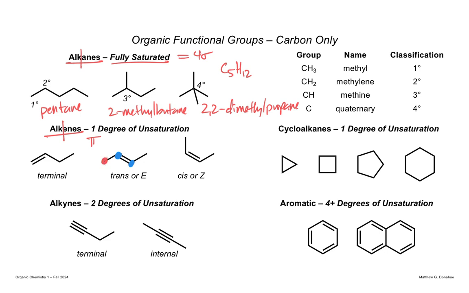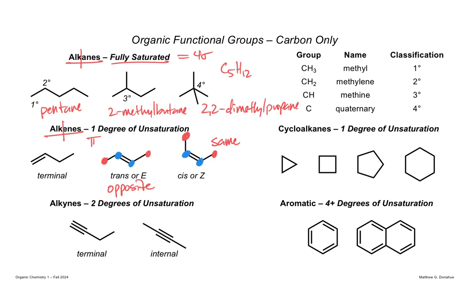We have an sp3, an sp3. They're on opposite sides, so that means trans. The other case, there's the 2 sp2 hybridized carbons. Now those sp3 ones are on the same side, so that means cis or Z.